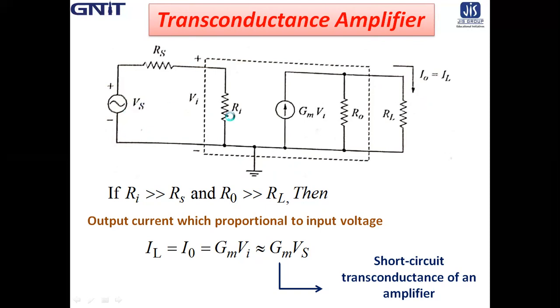So in the output we get current, and at the input we are applying the voltage source. If we are applying a voltage source at the input, then obviously RS is in series connection and R0 is in parallel connection, because our intention is to get the output current.